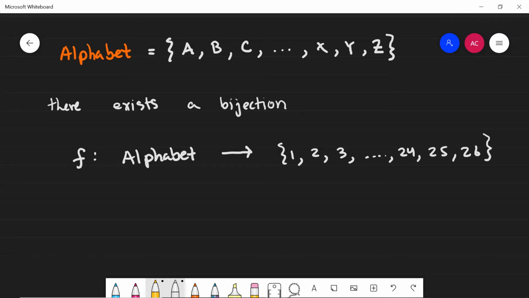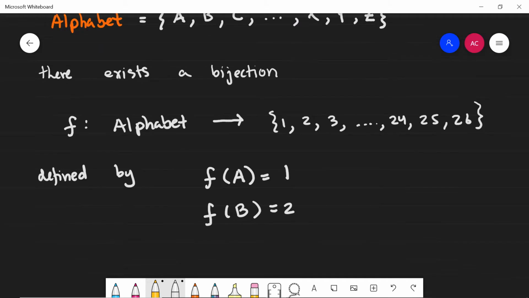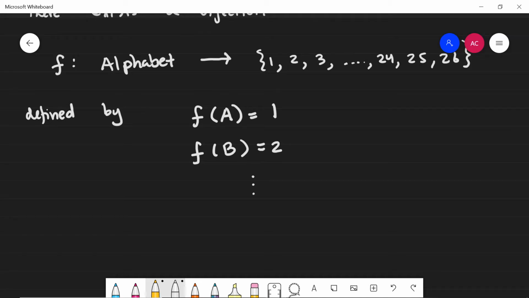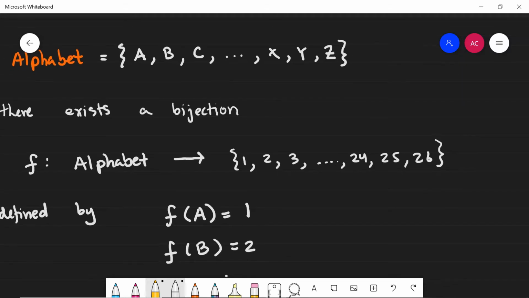There are multiple ways to define it, but a natural way is to say f of capital A is 1, f of capital B is 2, and you go on in this fashion until you get f of Y is equal to 25, and then f evaluated at Z is equal to 26. So because this bijection exists, we say that this set is a finite set.